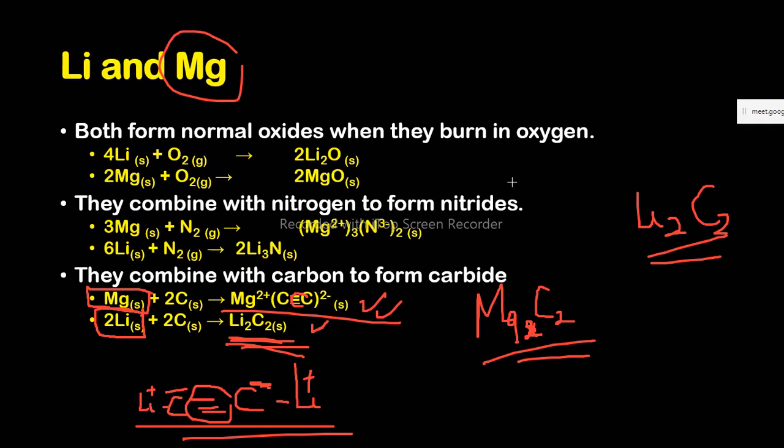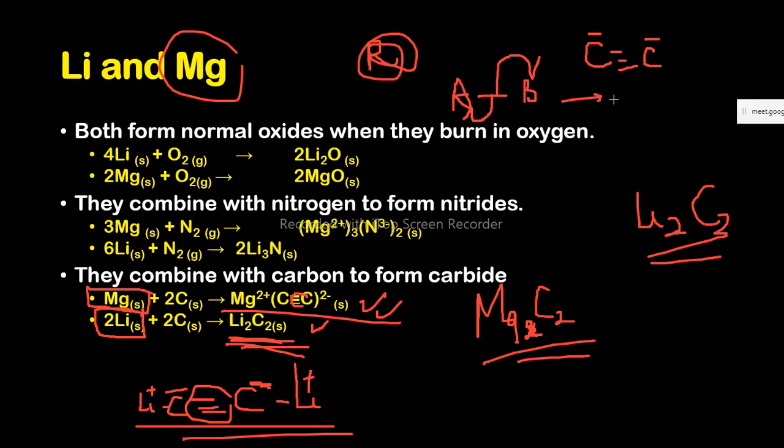Radicals are formed by having unpaired electrons, for example when a covalent bond undergoes homolytic fission, where one takes one electron and the other takes the other electron, and so you form radicals.